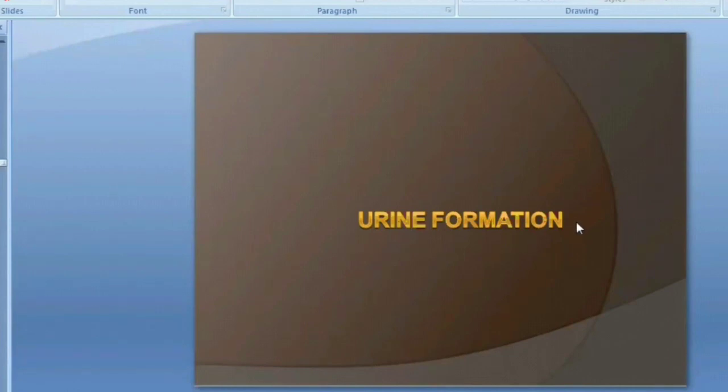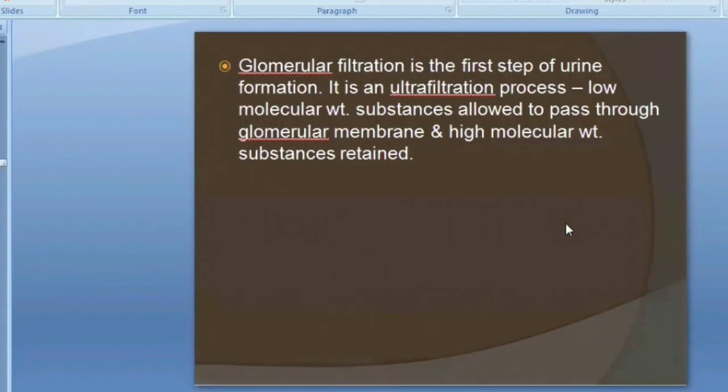So urine formation. Glomerular filtration is the first step of urine formation. It is an ultrafiltration process. Ultrafiltration means low molecular weight substances are allowed to pass through the glomerular membrane and high molecular weight substances are retained.